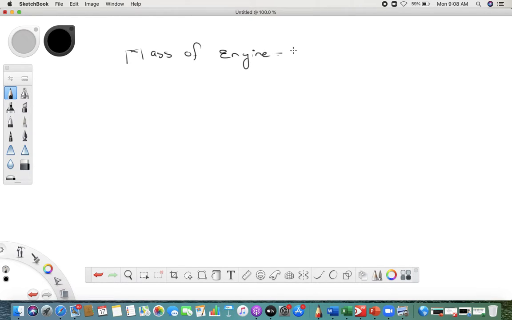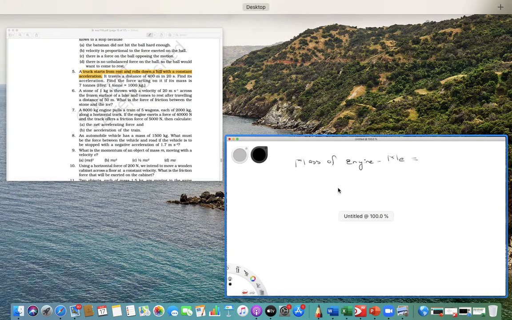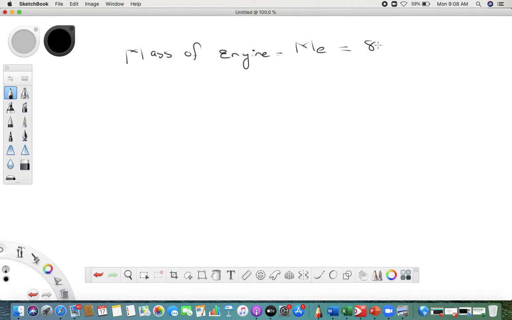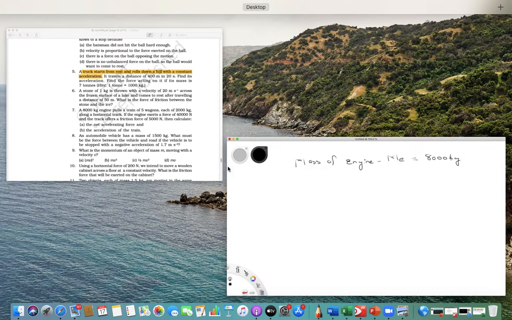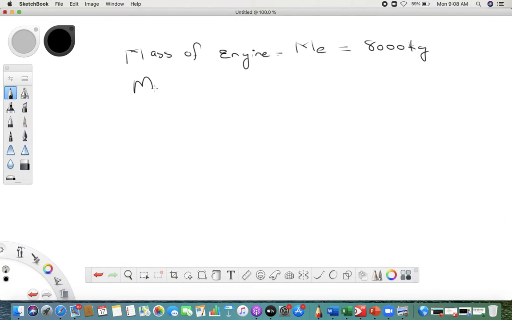Mass of engine, ME, is 8,000 kg. Then mass of wagon, MW, is 2,000 kg each.